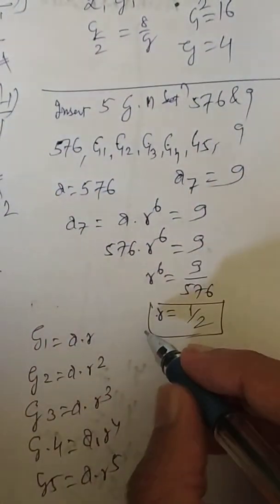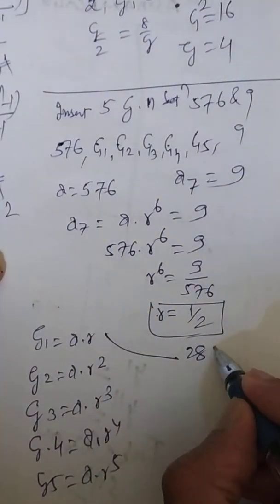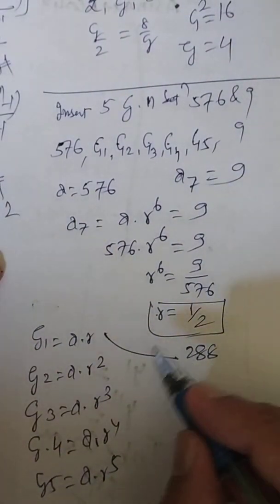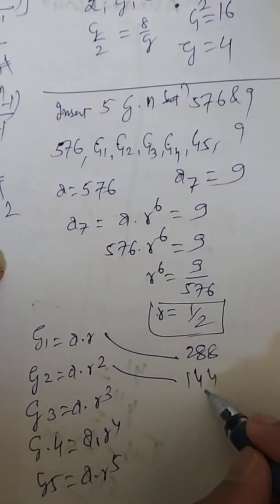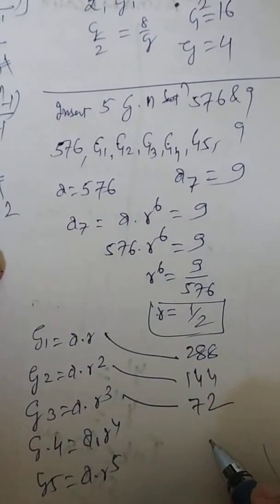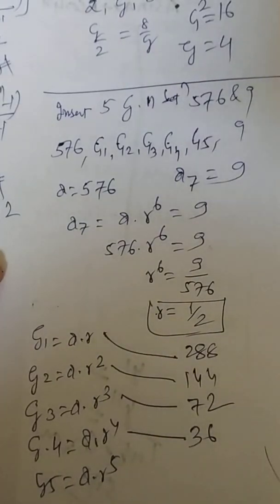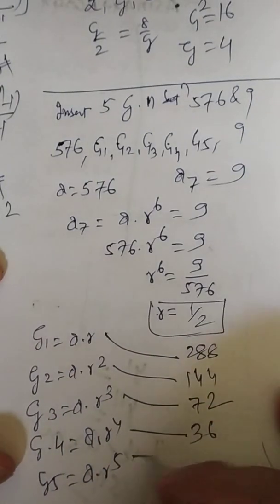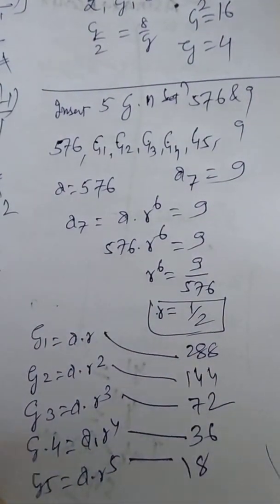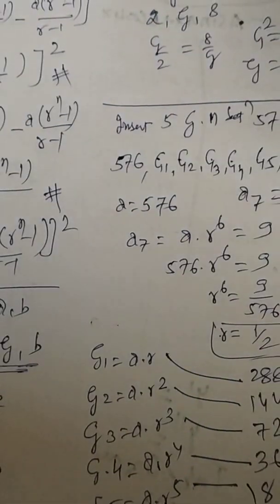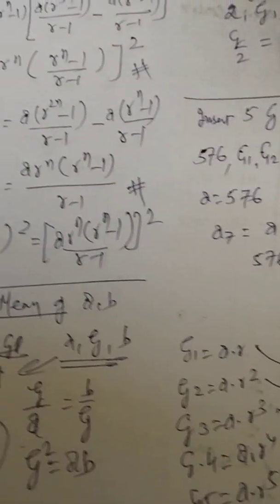Just let me know what you are getting. Yes, 288. Next. 144. Next. 72. Next. 36. One more value is left, and that you are getting 18. So you can use this concept to find out the arithmetic mean, geometric mean of the sequence like that.